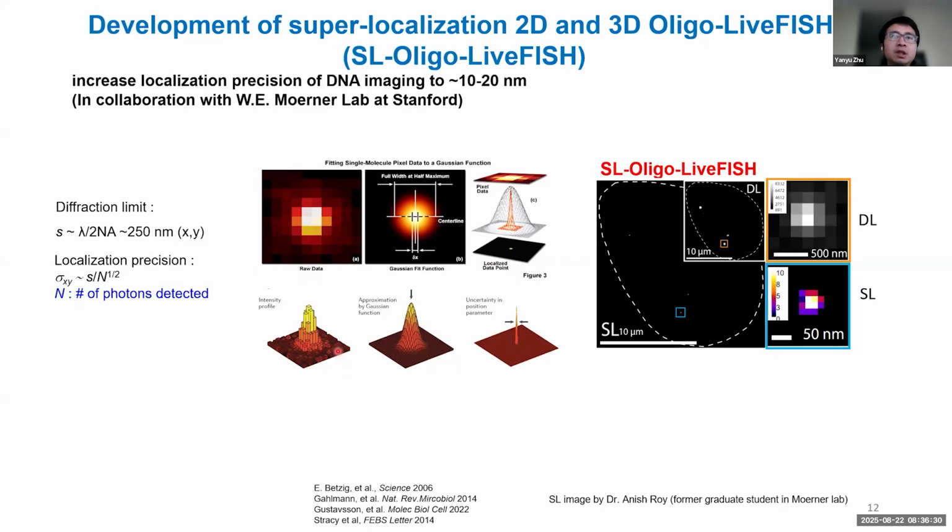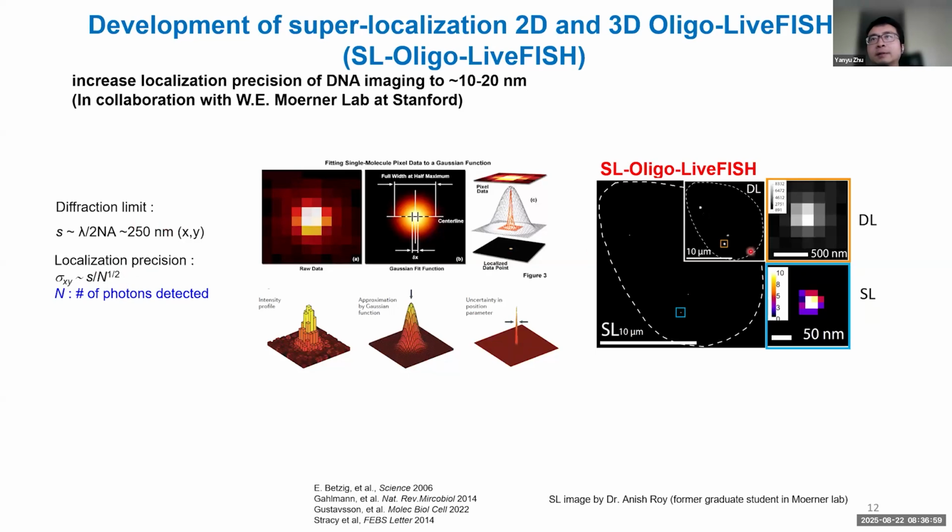However, if the emitters are isolated, we can always fit their point spread function with a suitable function like a Gaussian, and their localization precision can be much smaller than this diffraction limit. It will be roughly the diffraction limit divided by the square root of the number of photons collected, and this number will be much smaller than 250 nanometers.